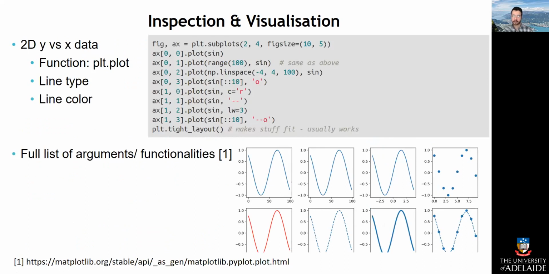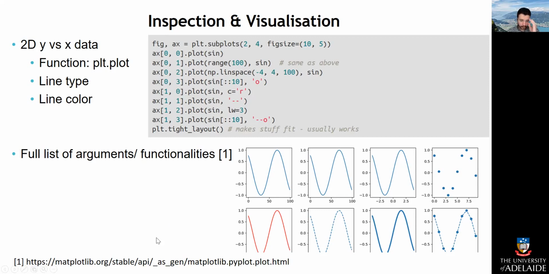So we are going to see some of the plotting functions that Matplotlib provides. The first one that we are going to talk about is where you need to visualize data that is y versus x kind of data. For example, if you have a sinusoidal wave that you want to visualize, you can use plt.plot.